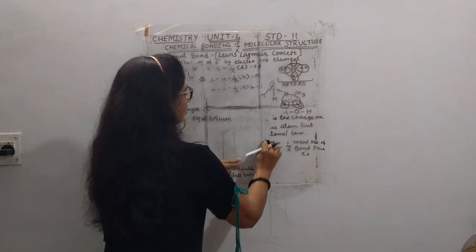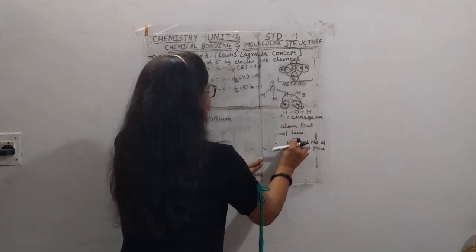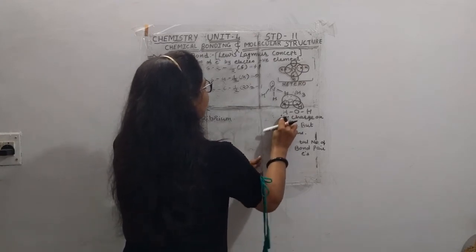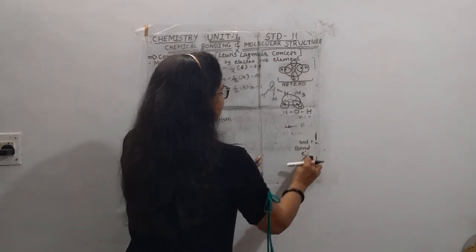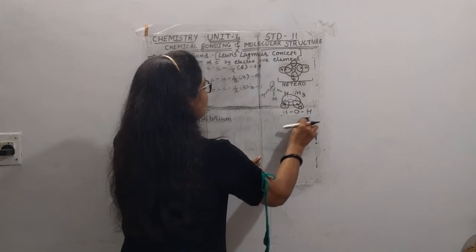So you can also pen down in your notebook, student. By drawing the figure and seeing the figure, you can write the definition by yourself also, because it is very easily understood by seeing the figure.